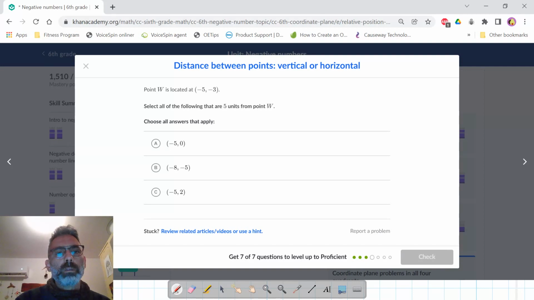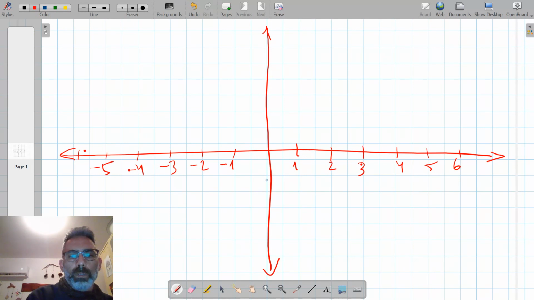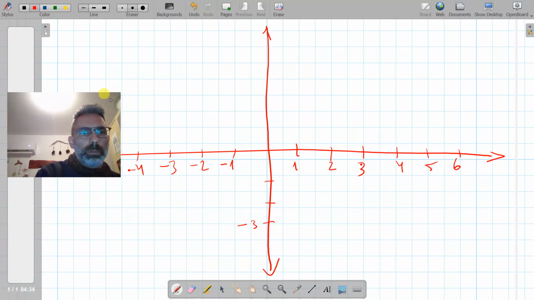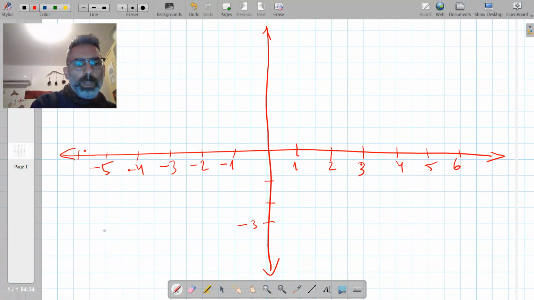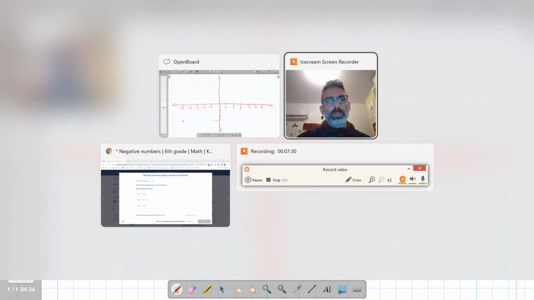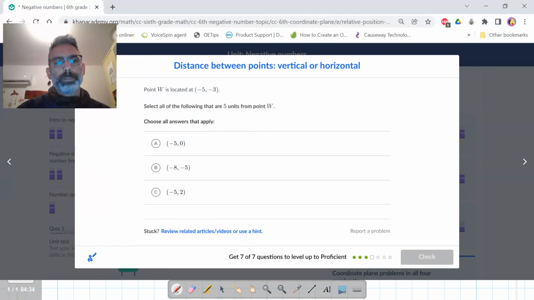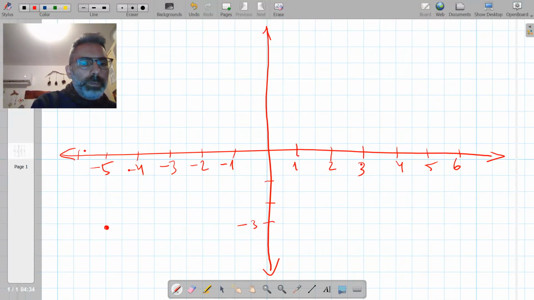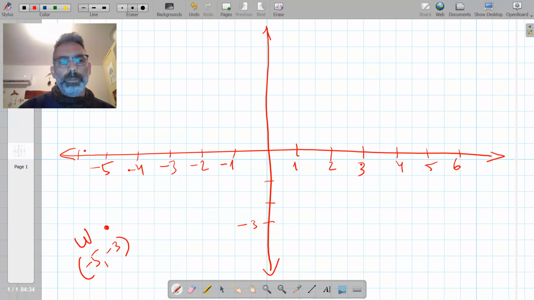So negative 5 and negative 5. So this is negative 5. And the y will be located here. Which point is this? Point W. Negative 5, negative 4. Okay.